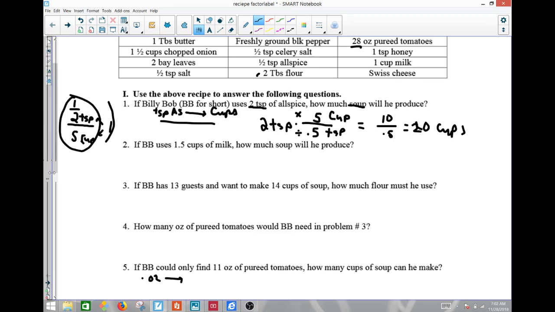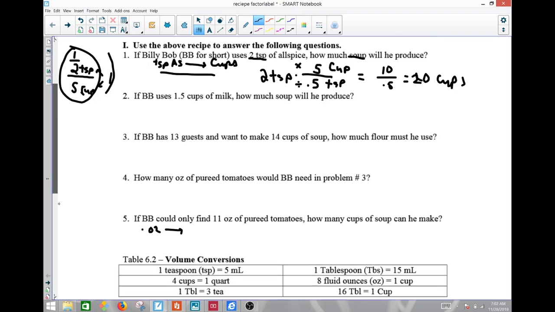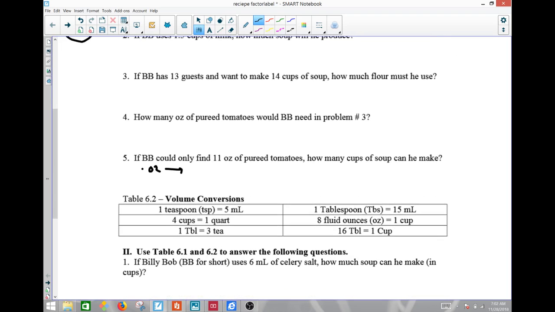All right, so let's drag this down here. So I can just go right from ounces of soup directly to, in this case, cups of soup.